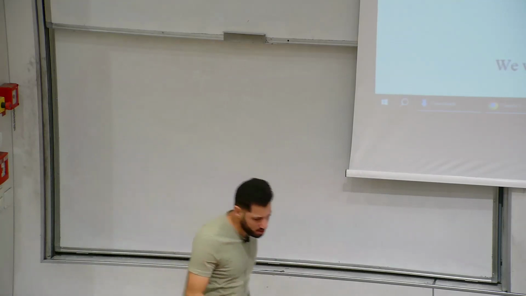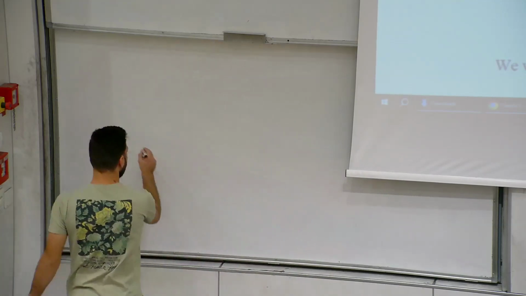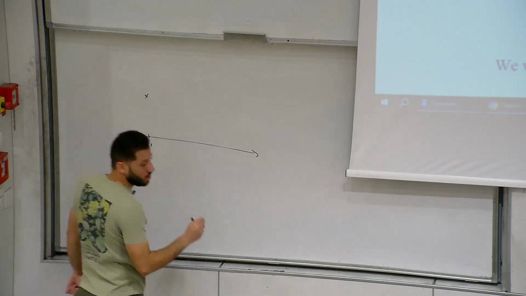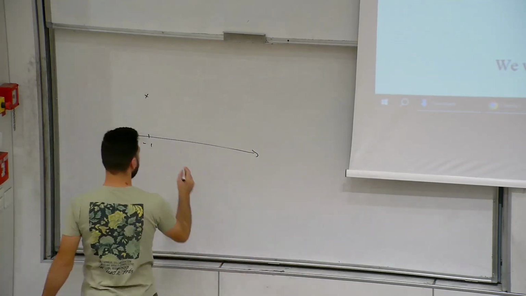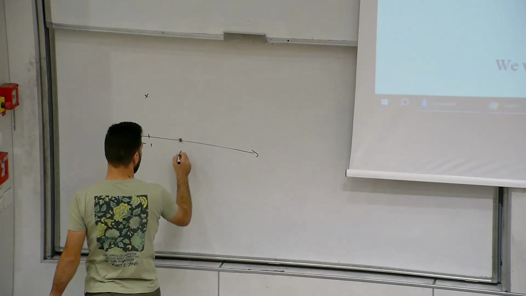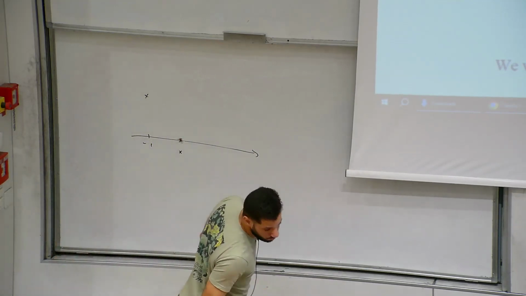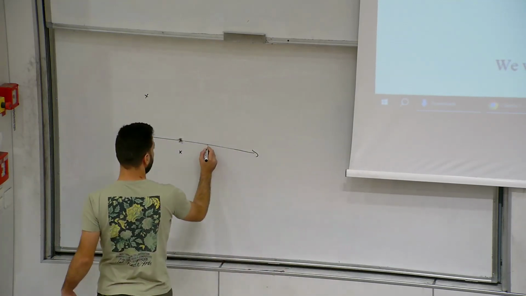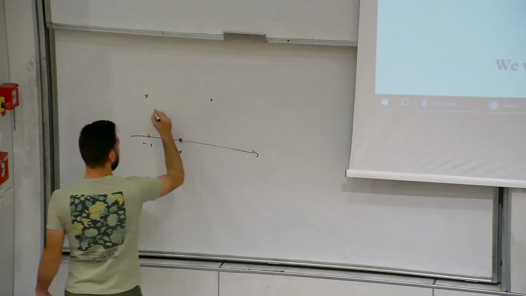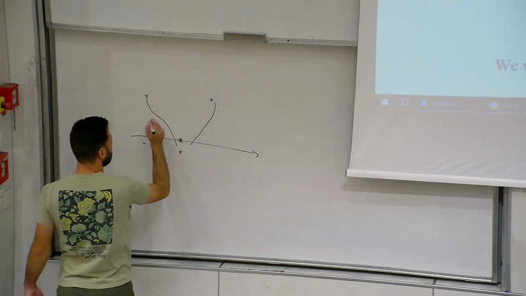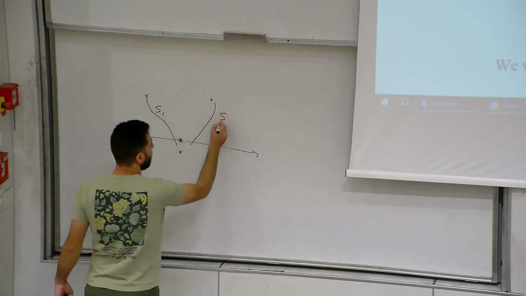What are the values? -1, 3. 0, -1. 1, 2. Hmm, 2, 3. So we have here some spline, S1 and S2.